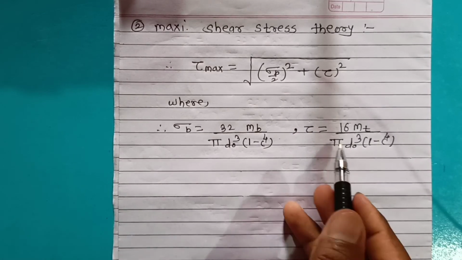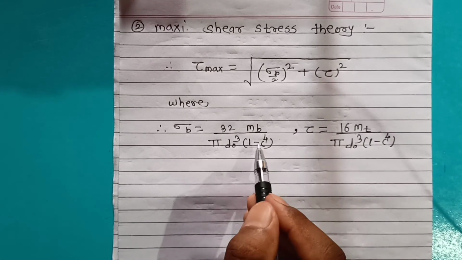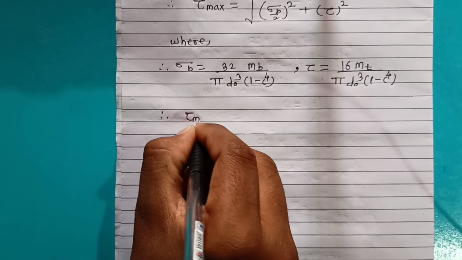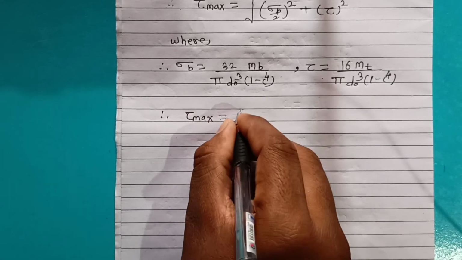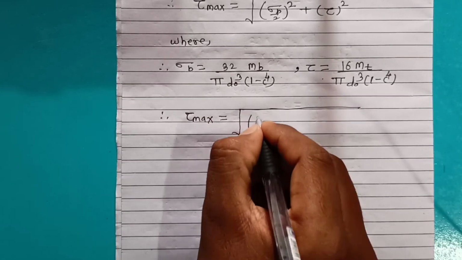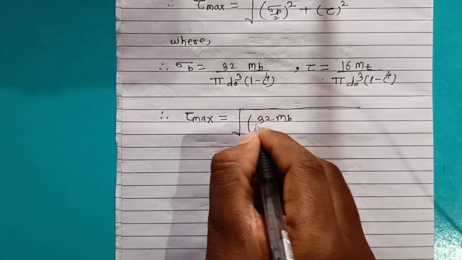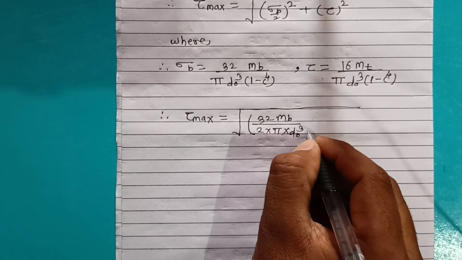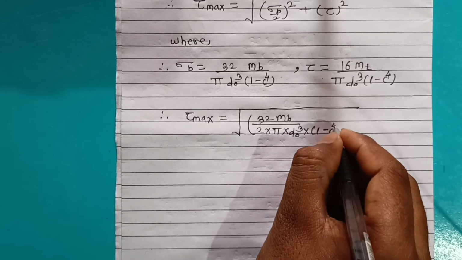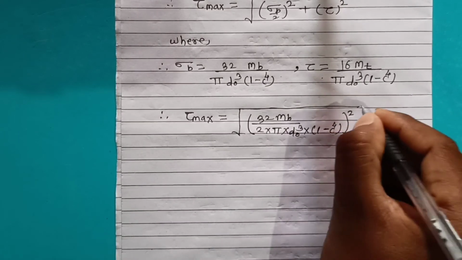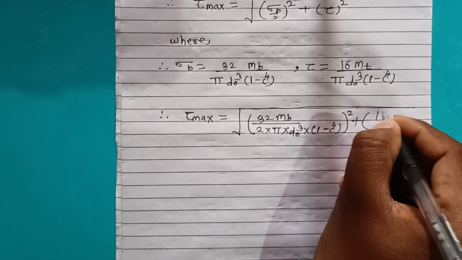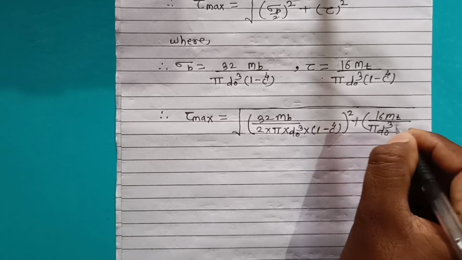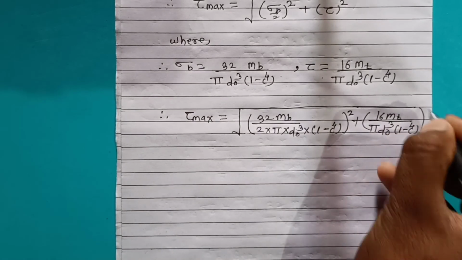Now we know these two equations or two values. Now these two values are put in the above equation, and the equation becomes tau max is equal to under root of (32 mb divided by 2 into pi into do cube into (1 minus c raised to 4)) whole square plus (16 mt divided by pi do cube (1 minus c raised to 4)) whole square.